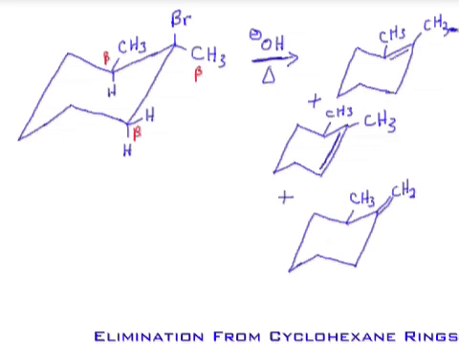And because there are three different products, I have to be worried about Zaitsev elimination and identify who is the major and minor product. In this case, if I look at the double bond, this carbon and this carbon of the double bond have 1, 2, 3, 4 carbons off the double bond. This carbon and this carbon have 1, 2, 3 carbons.